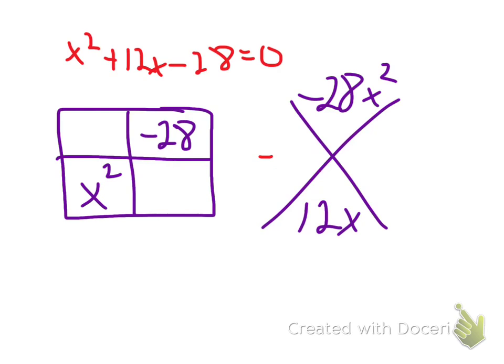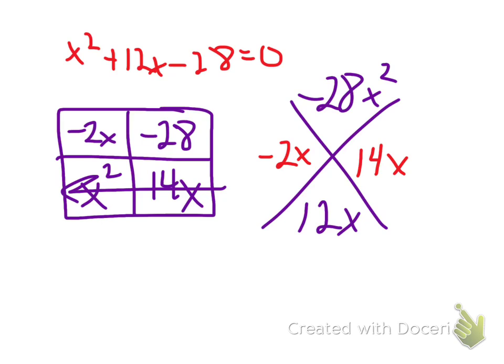That is going to give me a negative 2x and a positive 14x. Those will multiply to negative 28, but add to 12. So those go in the open boxes. Right here, I take an x out of both. x times x, x times 14, and x times negative 2.